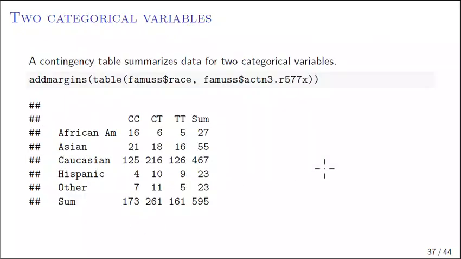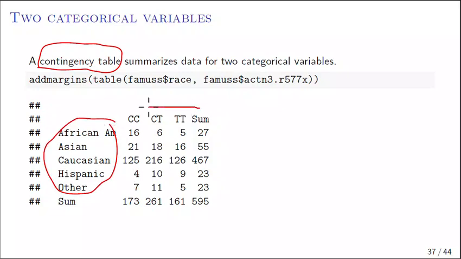How about two categorical variables? For two categorical variables, we use a so-called contingency table to summarize. What do we mean by contingency table? If we wanted to know the race and the genotype, how can we do that? We put the race, which has like 5 categories, and the genotype, which has 3, as rows and columns.